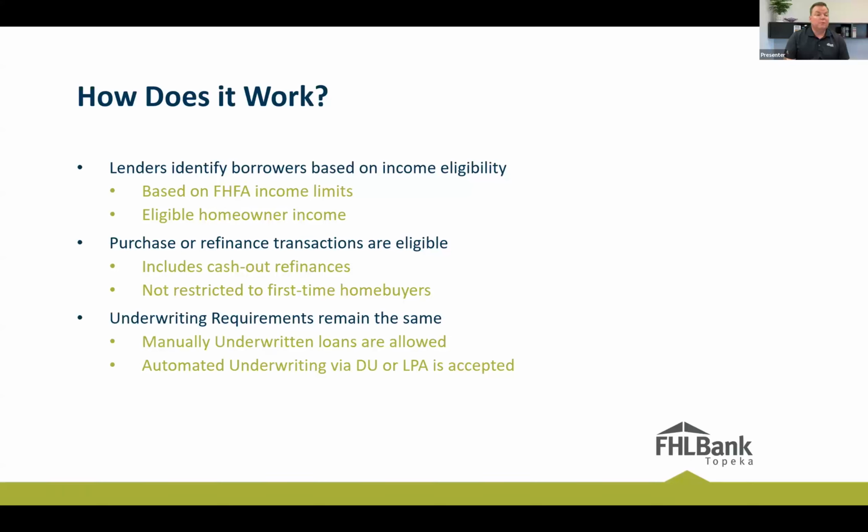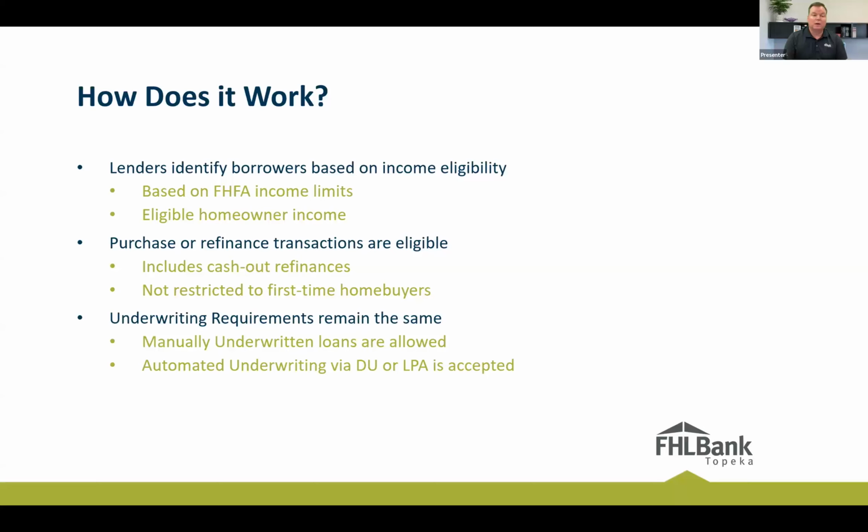From an underwriting perspective, we don't put any specific requirements on underwriting for these loans. If you currently do manually underwrite files for the MPF program, you can continue to manually underwrite the file. You simply include all the same income, appraisal, and employment documentation that you have in the past, and you simply just ensure that that income limit falls below that AMI limit we discussed.